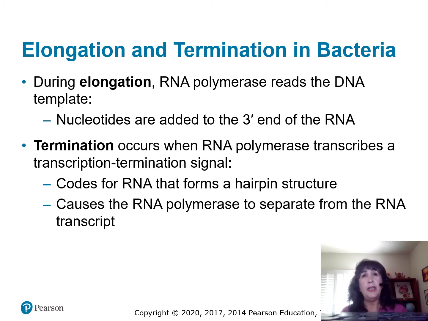After elongation is termination. So how do we know that the synthesis of RNA for a gene has been completed? We know this because it forms a hairpin structure. This hairpin means the end folds over, almost like it's making a knot. This is how we know that termination has happened, and this hairpin structure causes RNA polymerase to separate from the RNA transcript.